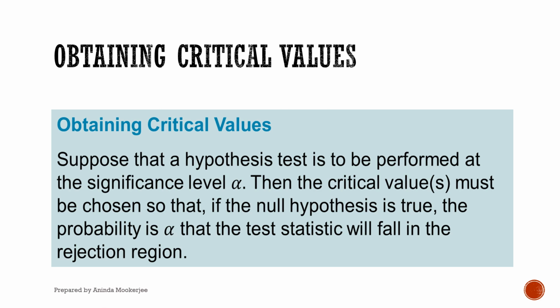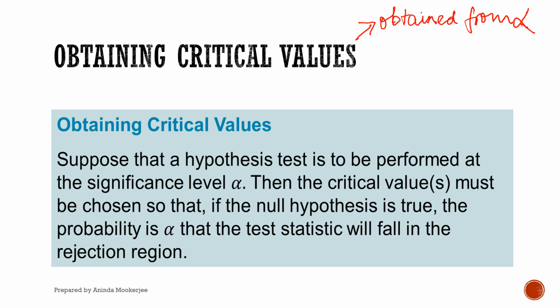The critical value is obtained from alpha. And what is alpha? Alpha is derived from the significance level at which we are testing. So if it is a 5% significance level, then alpha is the decimal form of the percentage significance level.